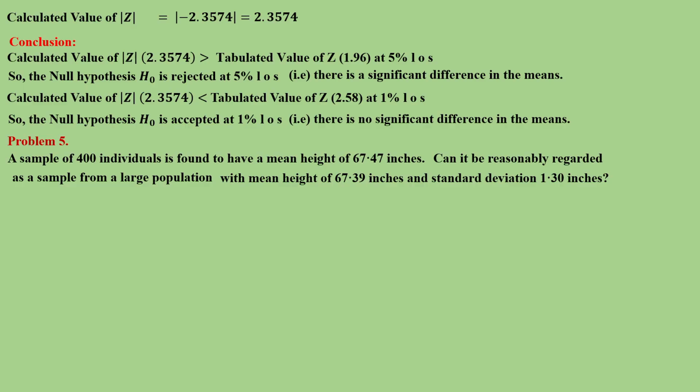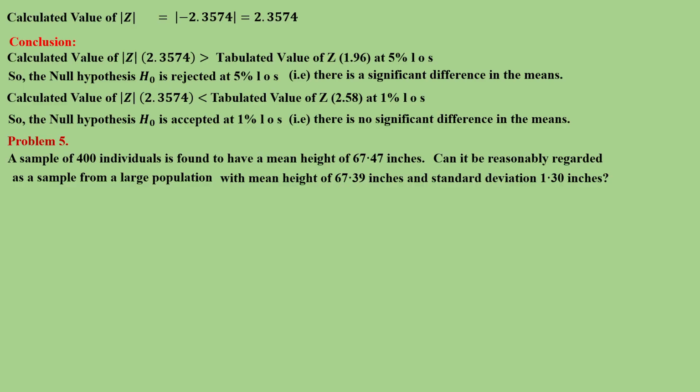They have given population mean mu equal to 67.39 and population standard deviation sigma equal to 1.30. So we'll check whether this sample can be reasonably regarded as from the large population with mean 67.39.